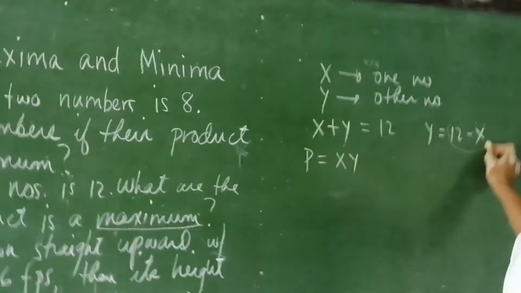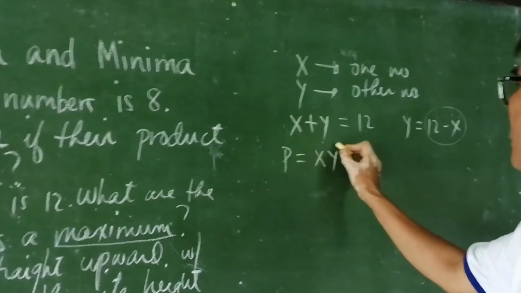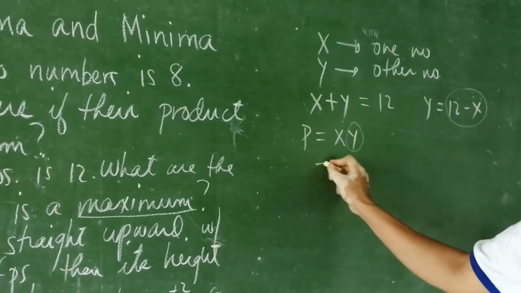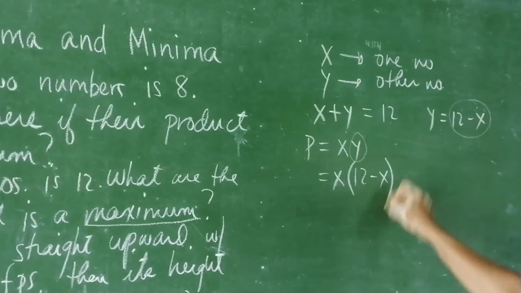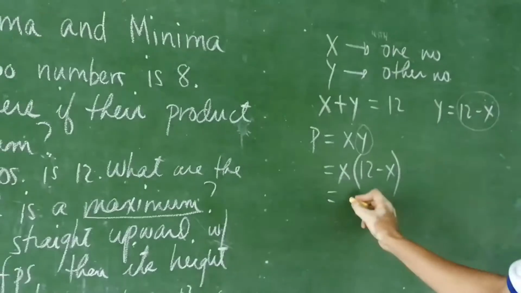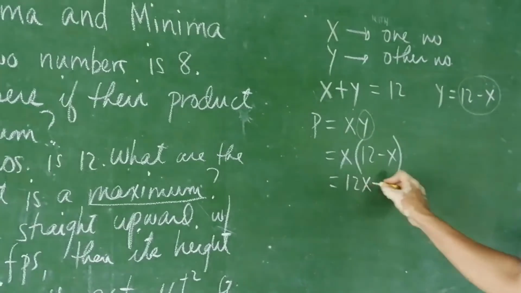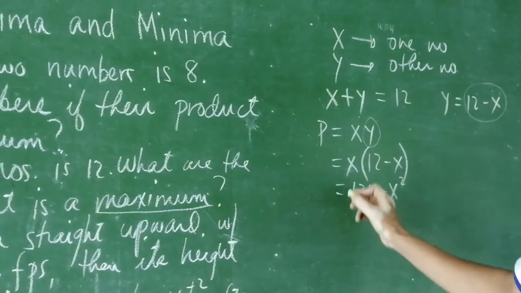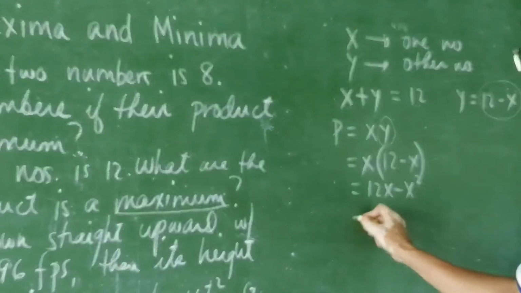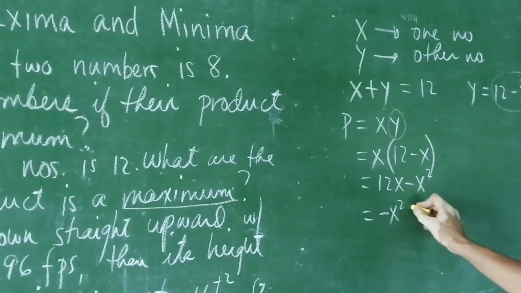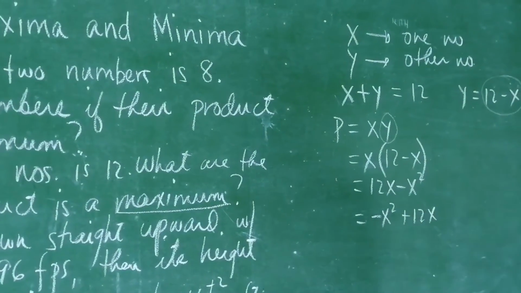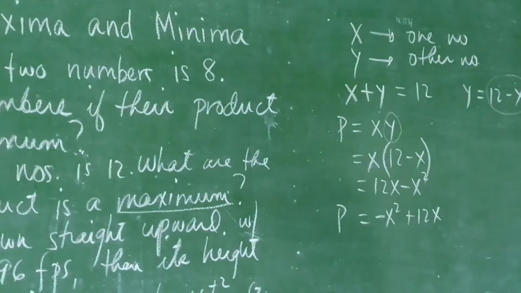We are going to use this value, substituting here. So it will be x times 12 minus x. So we simply have 12x minus x squared, that is p. We are going to rearrange: negative x squared plus 12x, so that is p.